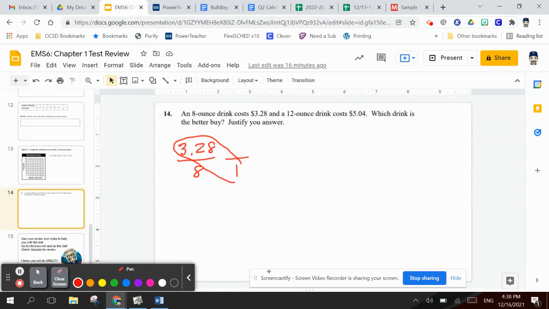So I cross multiply, which is 328. I divide that by 8. When I do that, 328 divided by 8, I get 0.41.